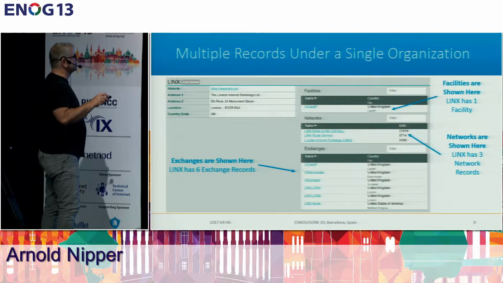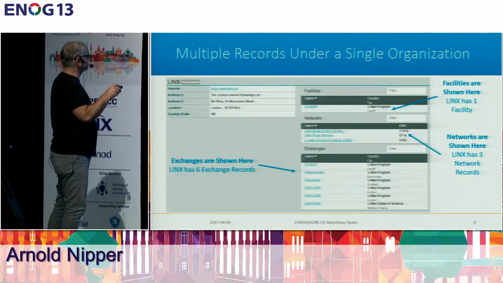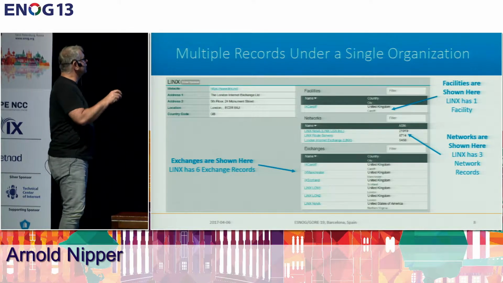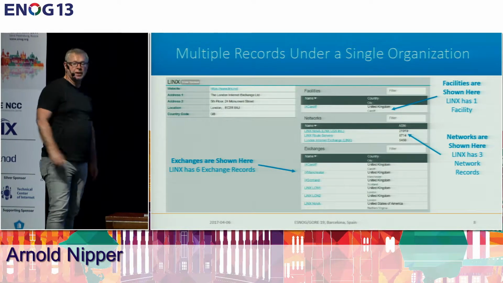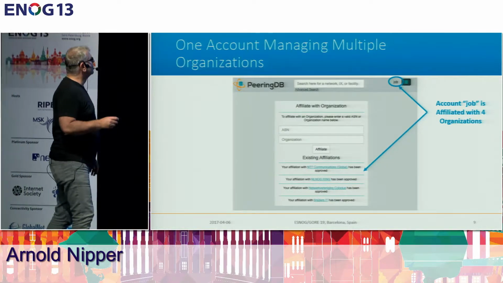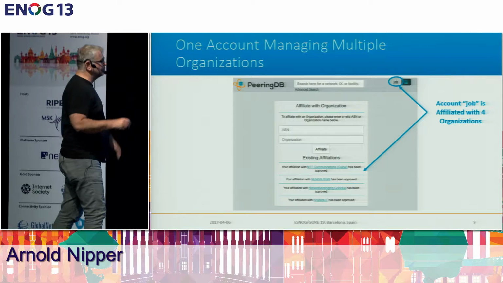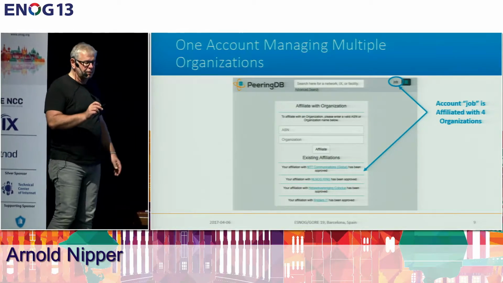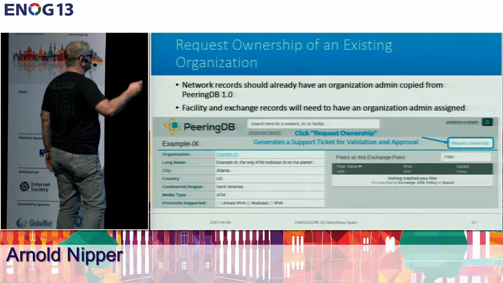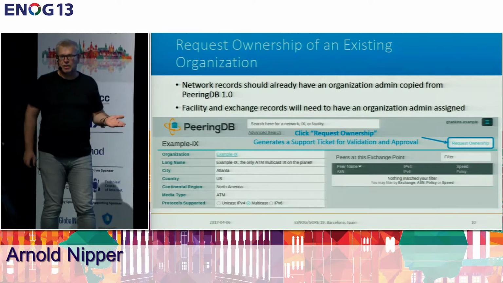The multiple records under a single organization. This example is Link. Link has all 3 types of information. They have facilities, networks, as well as exchanges. This is more how you affiliate yourself to multiple organizations, request ownership of an existing organization.